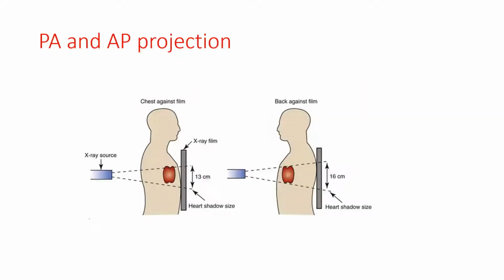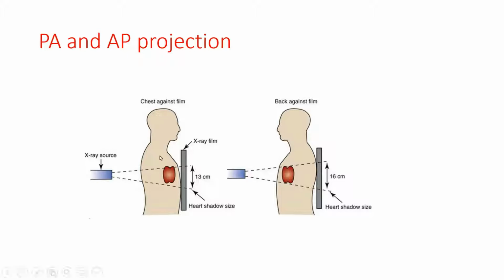Of course, the first thing we should know about is the PA and AP projection, which you can also call erect and supine. This one is supine, when the patient is lying recumbent on the bed. This one is standing. When he lies recumbent in bed, you have to put the film on his back and the X-ray source comes from above.